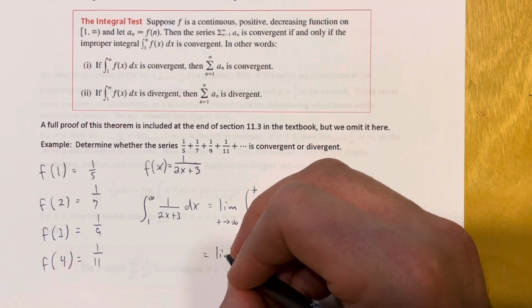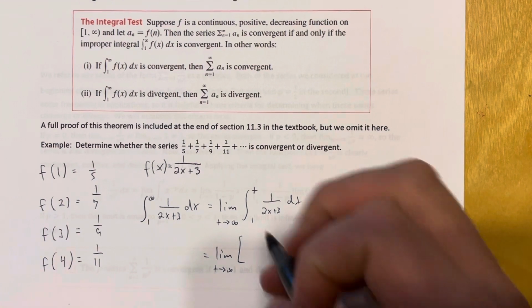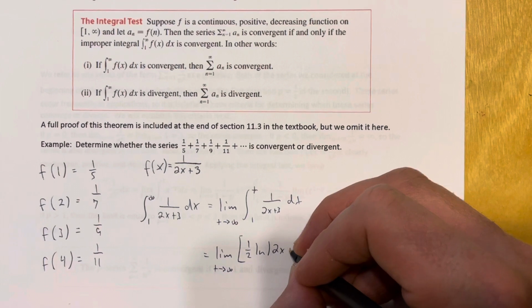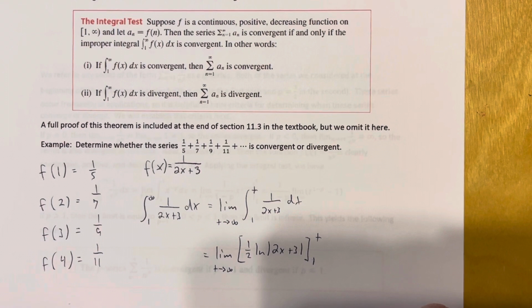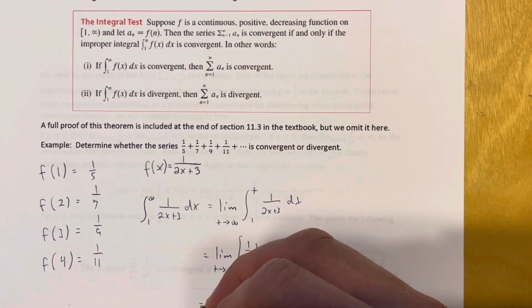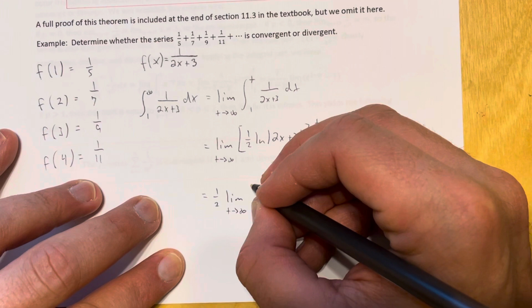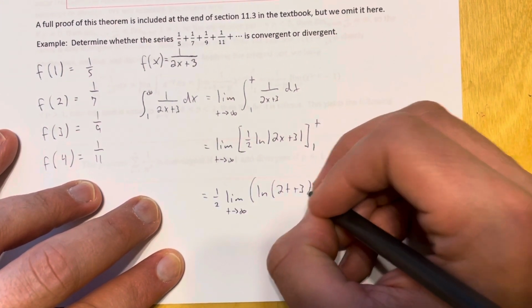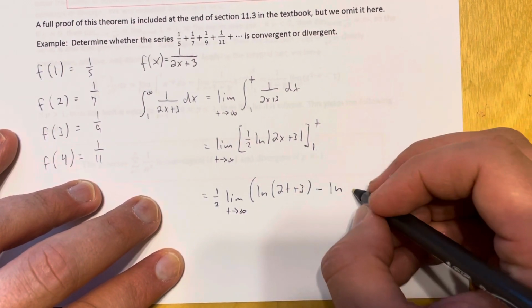Okay, now this guy, limit as t goes to infinity, this is equal to 1/2 times the natural log of the absolute value of 2x plus 3, again from 1 to t. All right, the 1/2 I can just pull out here, and I have the limit as t goes to infinity of the natural log of 2t plus 3 minus the natural log of, I'm plugging a 1 in, so 2 times 1 plus 3 would be 5.